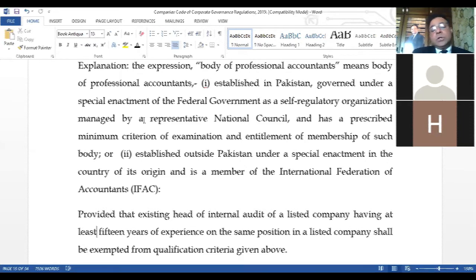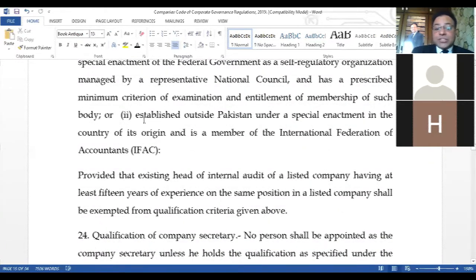If I talk about the profession of law, the lawyers worldwide are required to have the compulsory membership of their bar associations and bar councils, because bar councils are meant for regulating their affairs. So those organizations, since they are meant for regulating the working of the professionals, this is why, in order to be employed for a listed company in this key position, it is required that the relevant professional must be a part of the professional body.